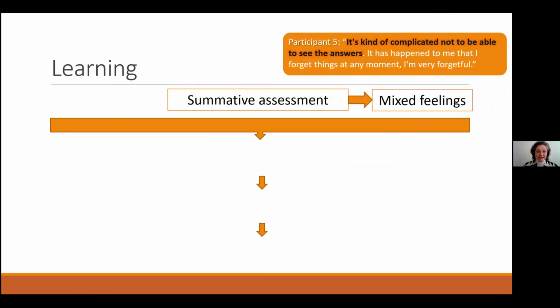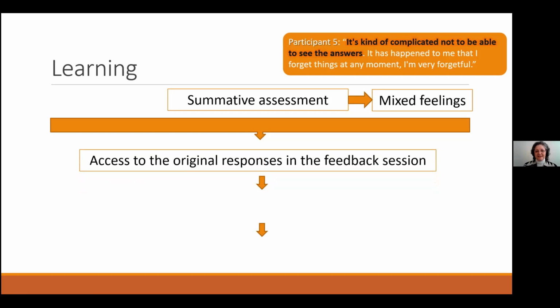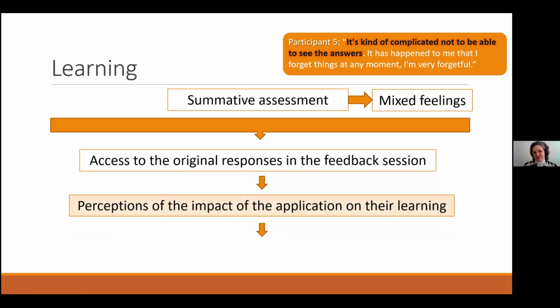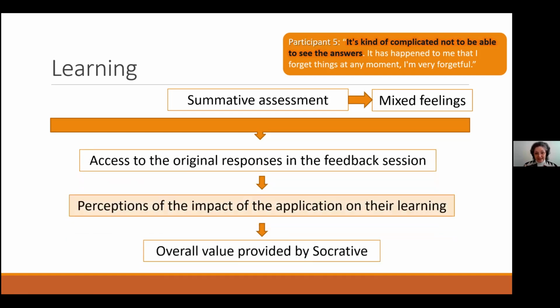It's kind of complicated not to be able to see the answers. One of the reasons for this is that the teacher researcher utilized the application for summative assessment purposes.